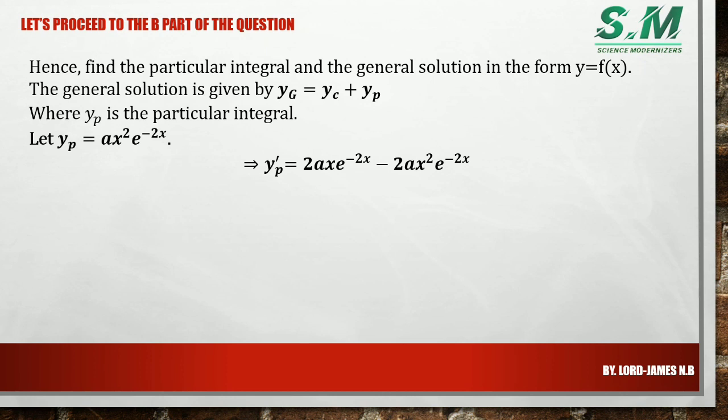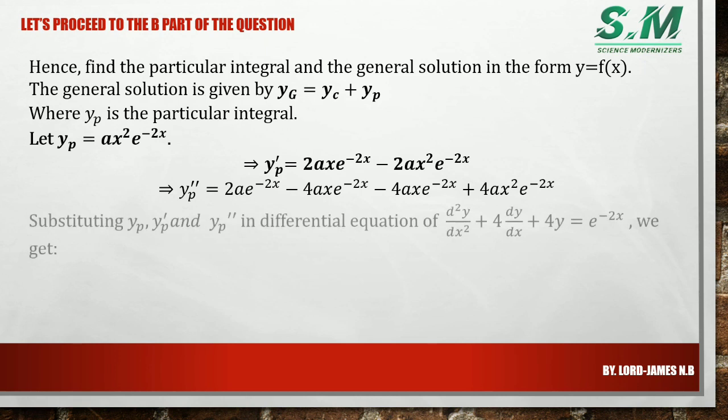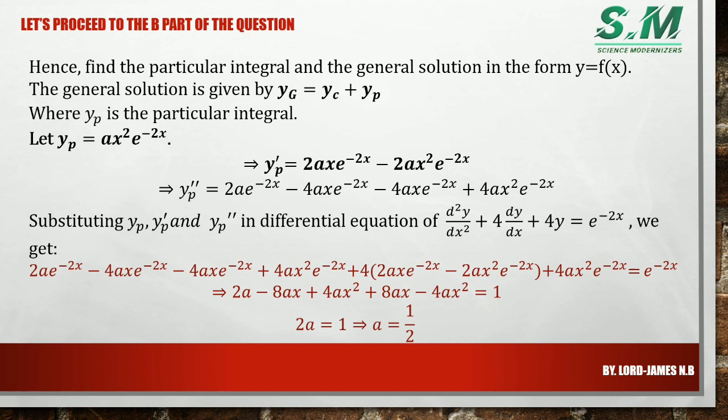Then we keep ax squared constant and differentiate e to the negative 2x, which gives negative 2ax squared e to the negative 2x. We do a similar thing to obtain the second derivative, and we substitute in the differential equation. Simplifying this, as in the previous case, we clearly see that 2a is equal to 1, implying that a is equal to a half.